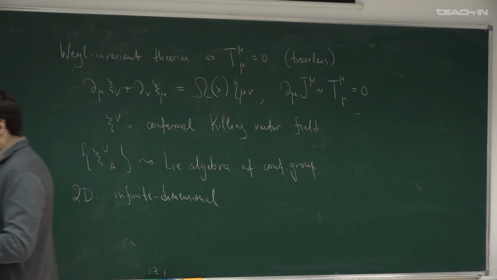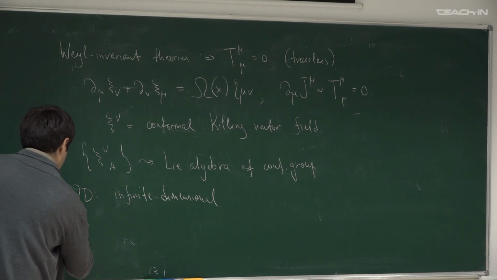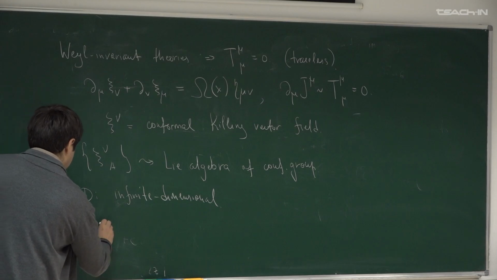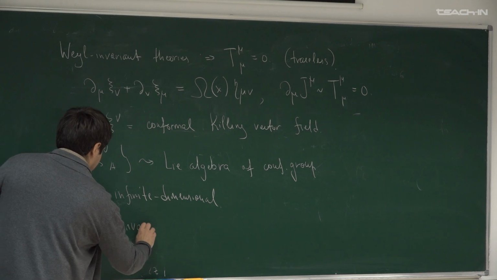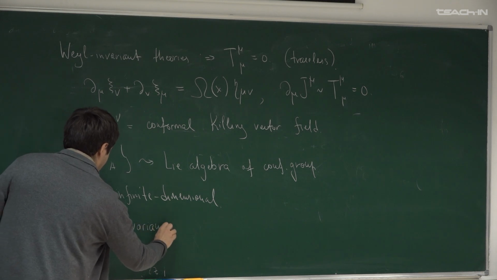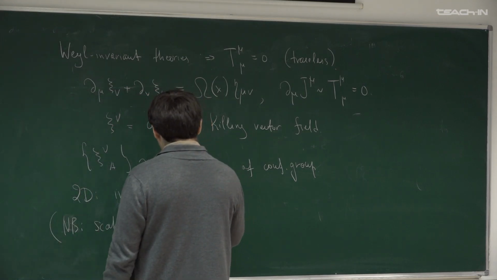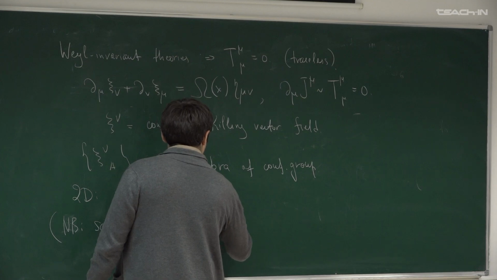Just again, in brackets, I'll note that there is also a notion of scale invariance, which is slightly weaker. Scale invariance means that x mu goes to lambda x mu.